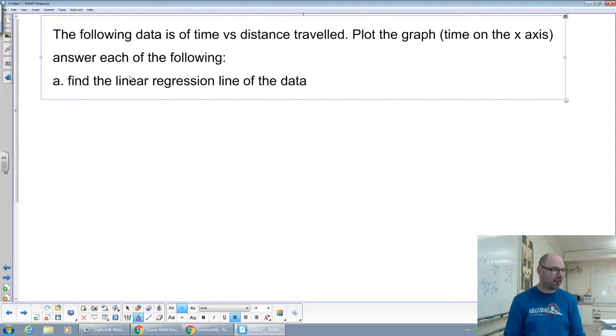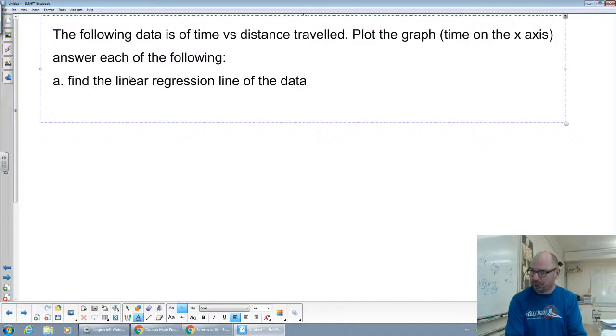Now, not everybody's going to get the same linear regression line, because we may draw it in a slightly different spot when we do our best fit line. Okay, so keep that in mind. When you do it by hand, it's going to be slightly different probably. But it'll be close though.